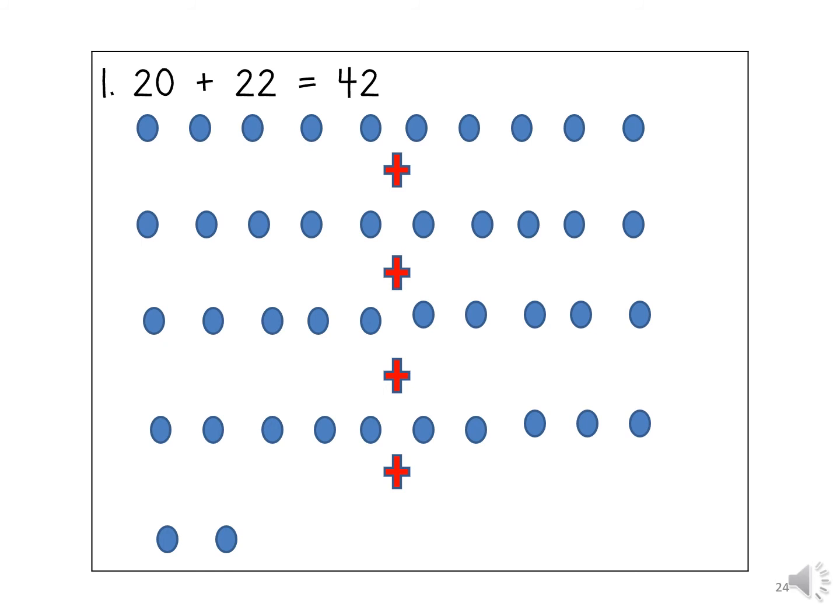And the 2 units at the bottom, which is the 2 circles at the end. So now if we count it all together, it's 10, 20, 30, 40. So 4 tens, and at the bottom the 2 circles is 2 units. So we have 42. And that will be our final answer.